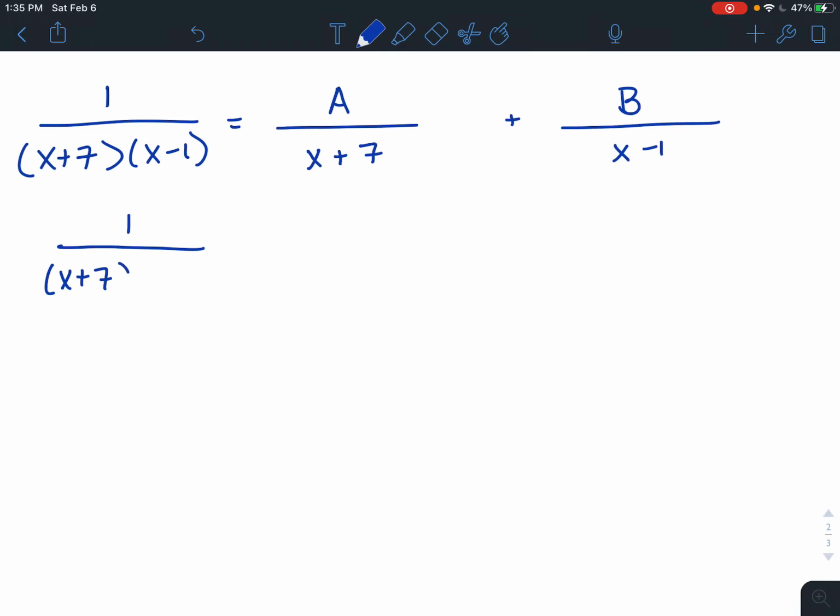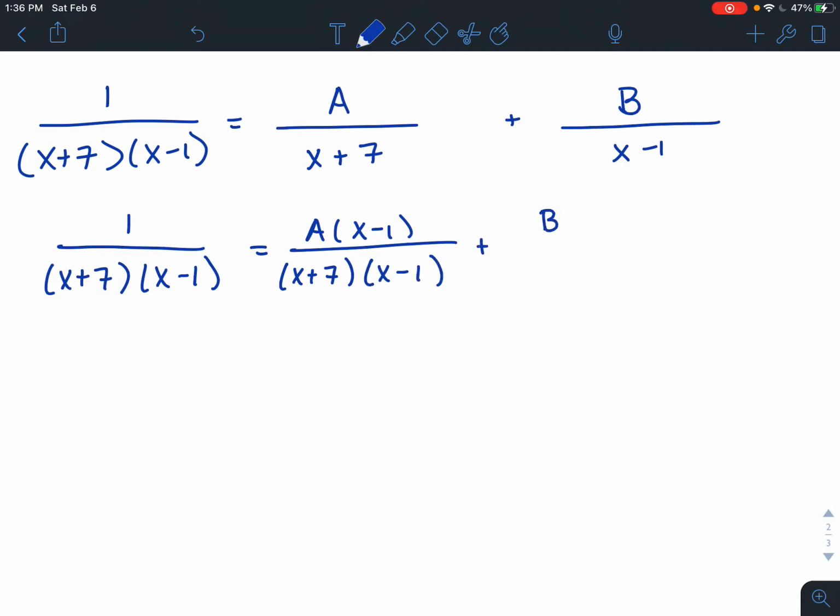So, if I have 1 over x plus 7 times x minus 1, and I were to add these 2 fractions together on the right, which I'm going to need to do in order to figure out what A and B are, I would really just cross multiply the denominators. I'd say, okay, well, this is A times x minus 1 over x plus 7 times x minus 1, plus B times the opposite denominator over our common denominator.